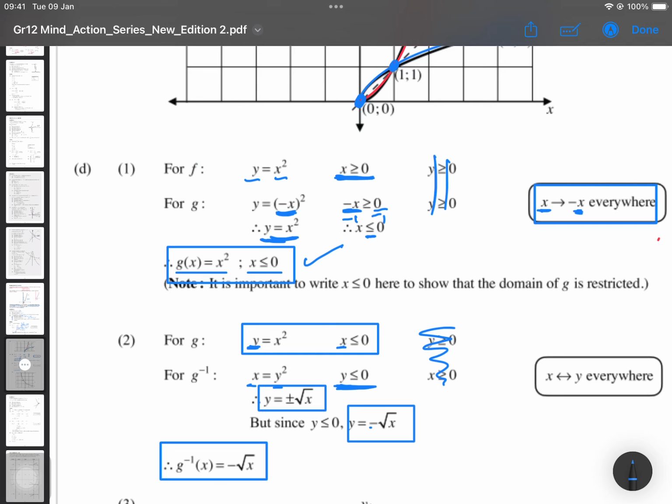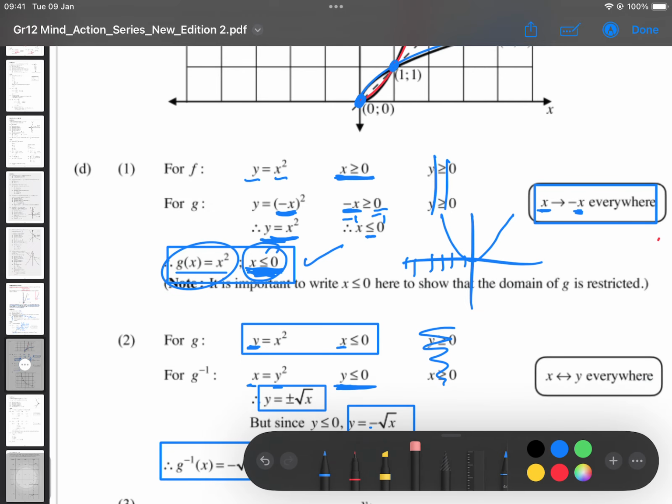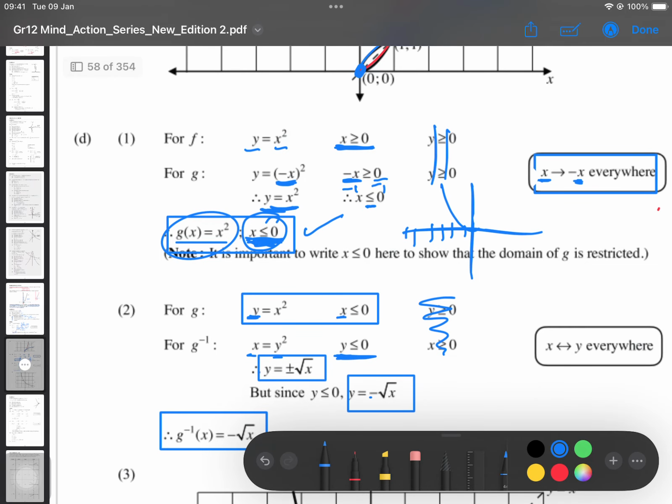Again, it's a parabola, but now we are looking at the left-hand side. The same way we did that one, it's a function like this, just that now x is less than or equal to 0, so we're only focusing on this side. You just need to understand that before you go forward with it. And then you can use the same points that you have there.